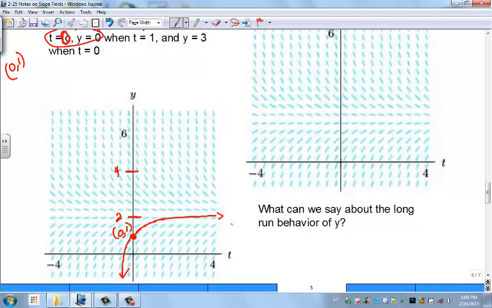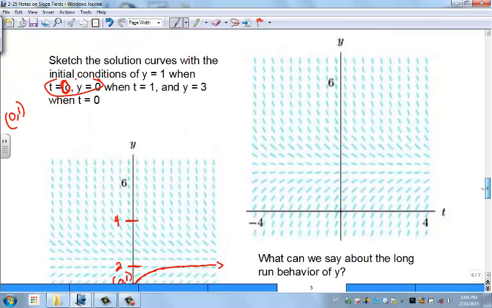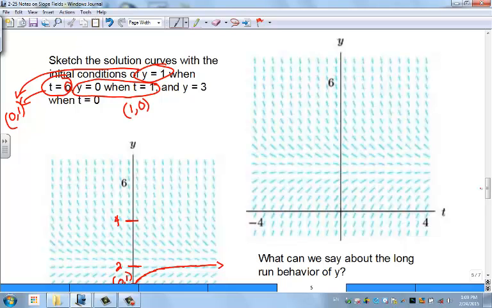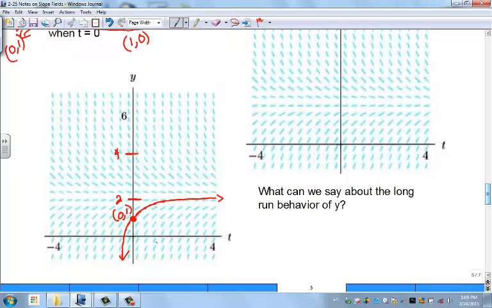The next one says y equals 0 when t equals 1. Oops, I circled the wrong thing there. I should have circled y equals 1 and t equals 0 for 0, 1. And then y equals 0 when t equals 1, well, that's 1, 0. Let's see where that goes. We'll go to the point 1, 0.